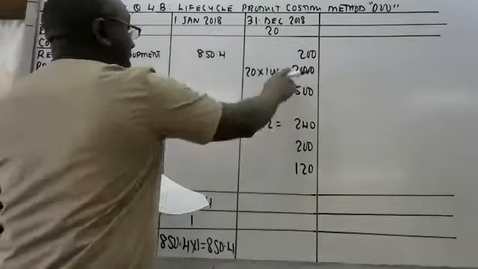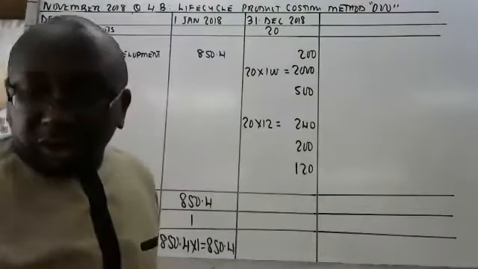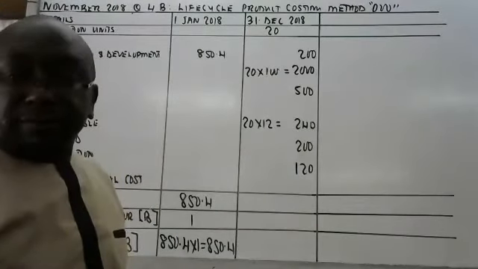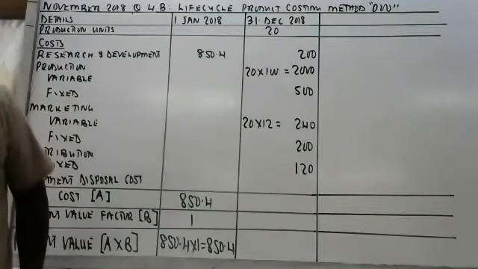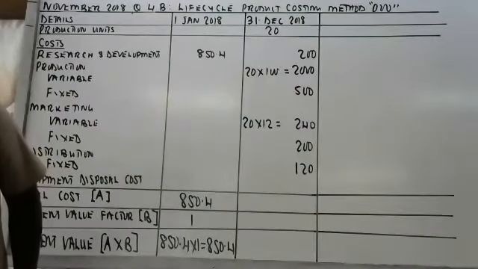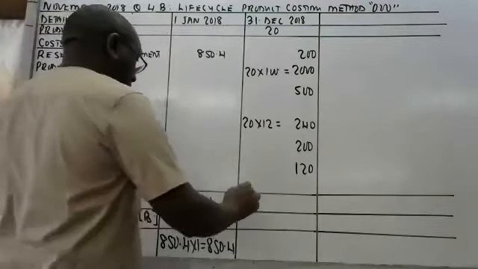So now give me the total costs. Give me the total cost of that year. 3260. Good.